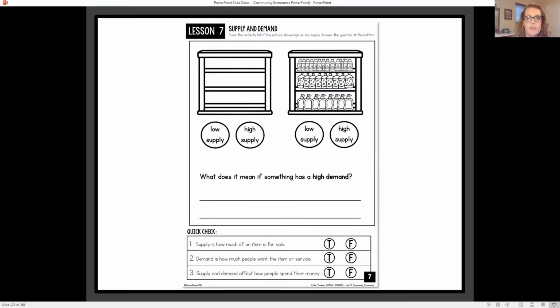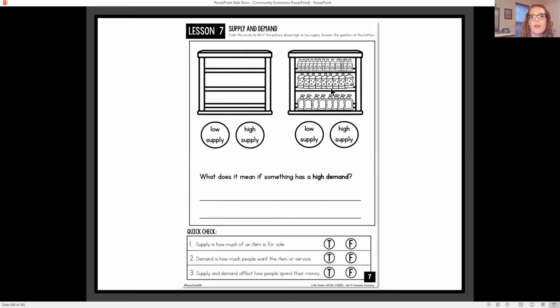Let's just take a quick look at this worksheet just to test ourselves, okay? So is this low supply or high supply? Remember, supply is how much of something is available. So since there's nothing on the shelves here, we have a low supply.